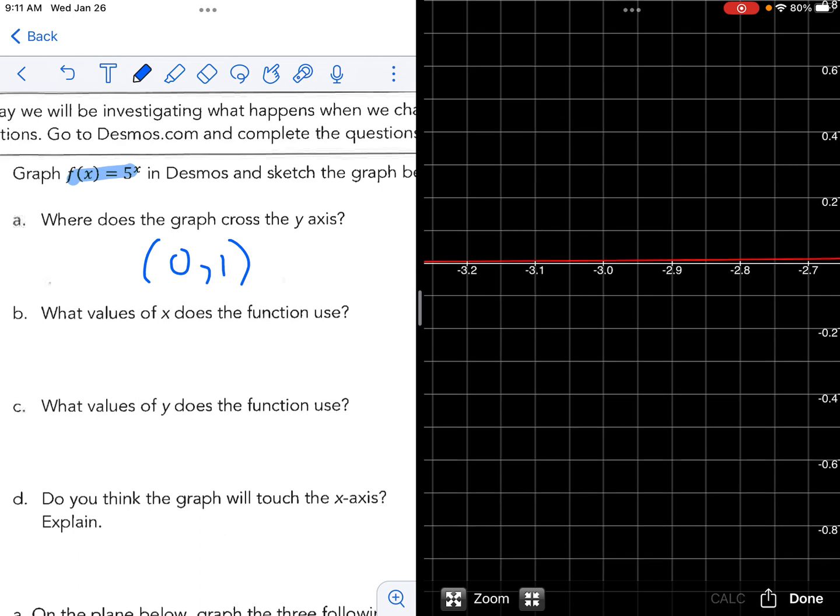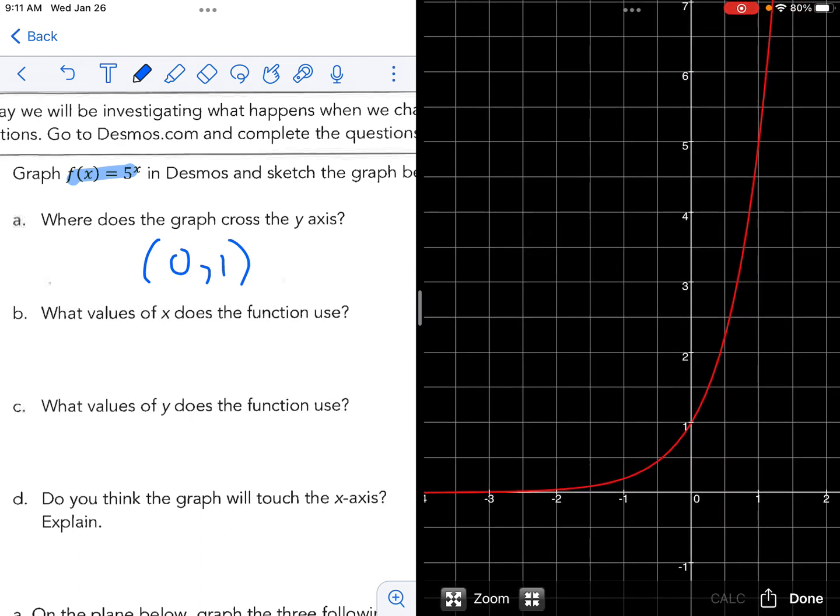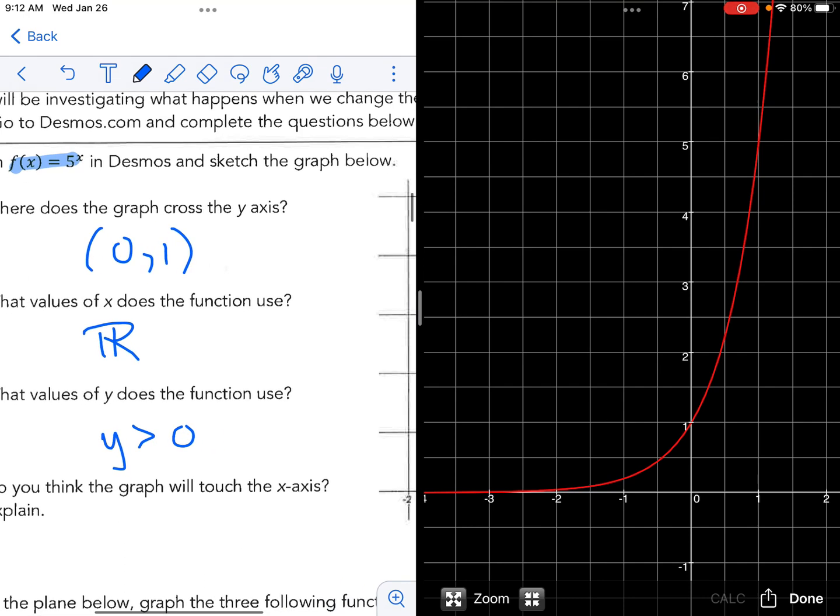It just gets closer and closer to the x-axis. So for x we use all reals from left to right. For y we use y values that are greater than 0, so they're all positive. In other words, the x-axis is an asymptote.